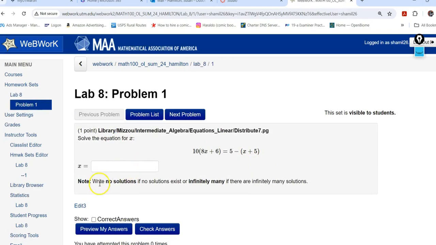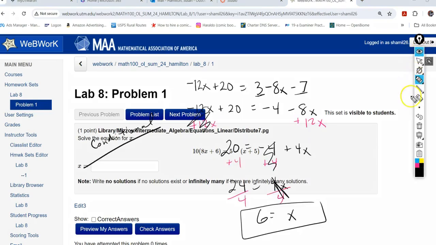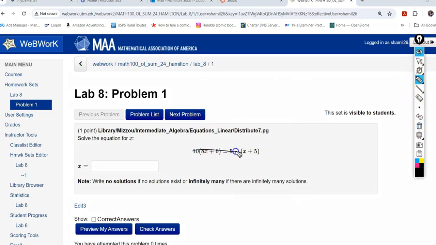Here you're just asked to solve. So if this had been the one that we were just doing, then you would have written 6. If it was an identity and there were infinitely many solutions, you would type in the expression infinitely many. If it was a contradiction or inconsistent and didn't have any solutions, you would type in no solutions. So that's what you would do for that one.